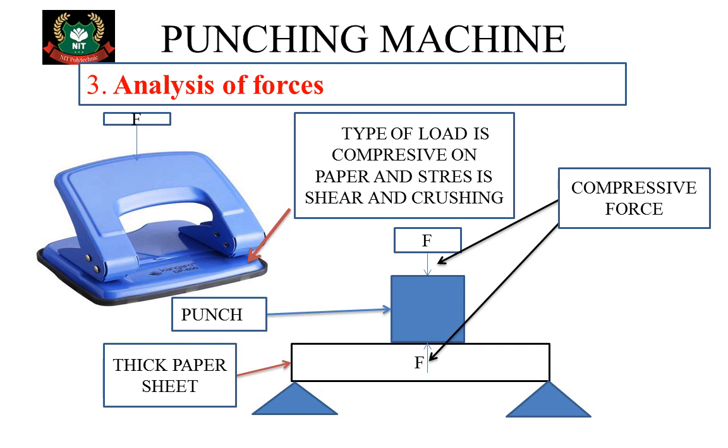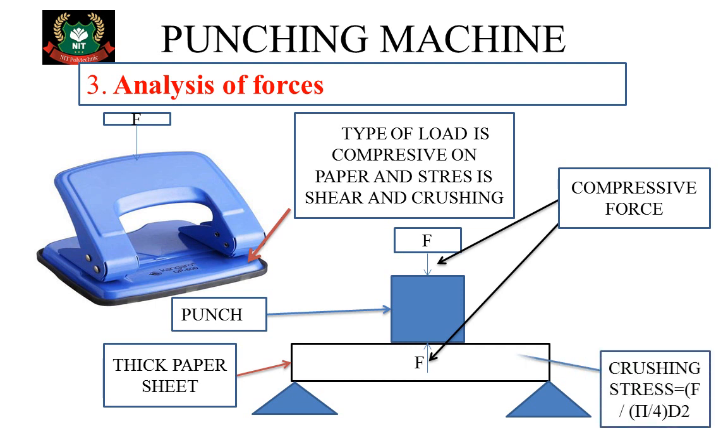Because of this equal and opposite force, a compressive load will be developed on the punch. And because of this compressive force, stress will be developed at the area of contact of the punch and the thick paper sheet material. So, crushing stress is equal to F upon pi by 4 into d square.